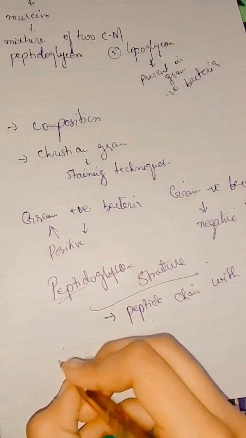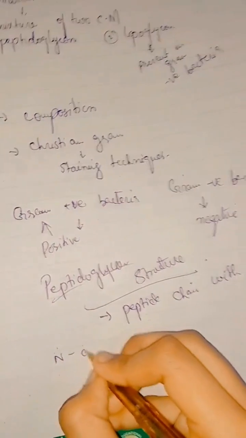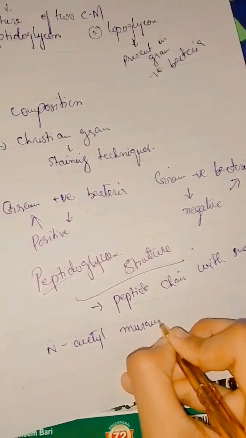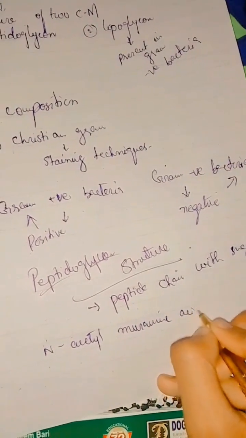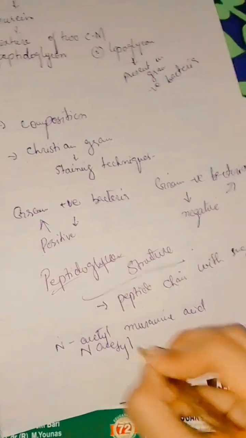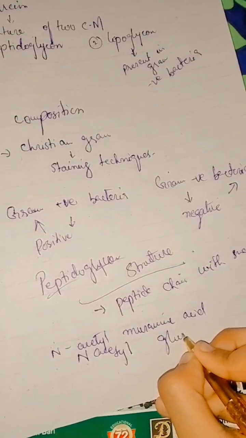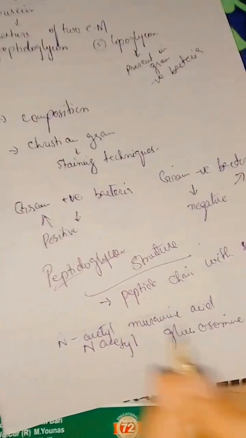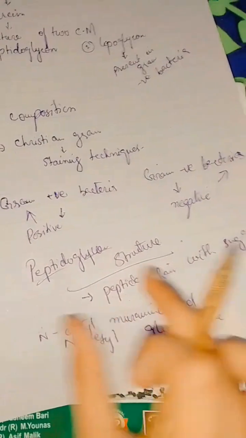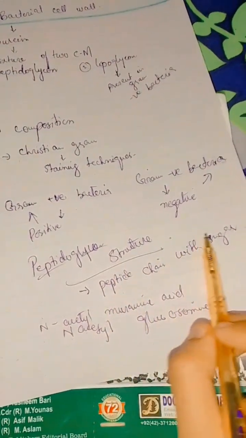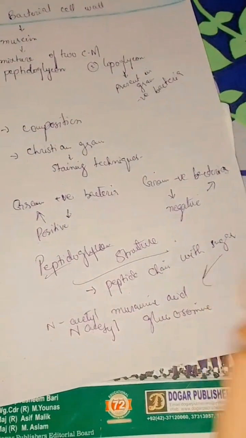One is N-acetyl muramic acid and one is N-acetyl glucosamine. These are the sugars of the peptidoglycan, a peptide chain with these sugars.